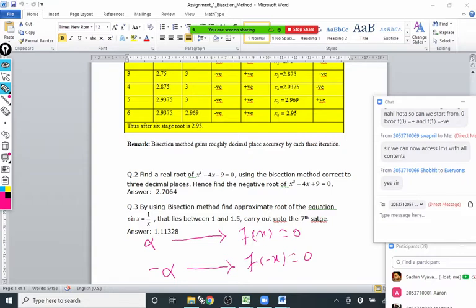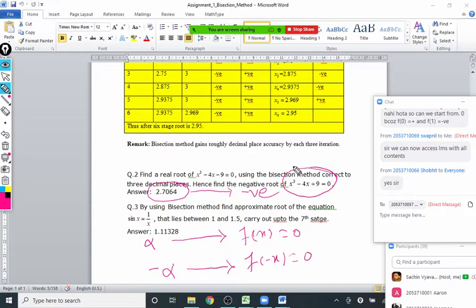So what should be the root of the second part? Minus 2.7064. You have to write it with a negative sign.